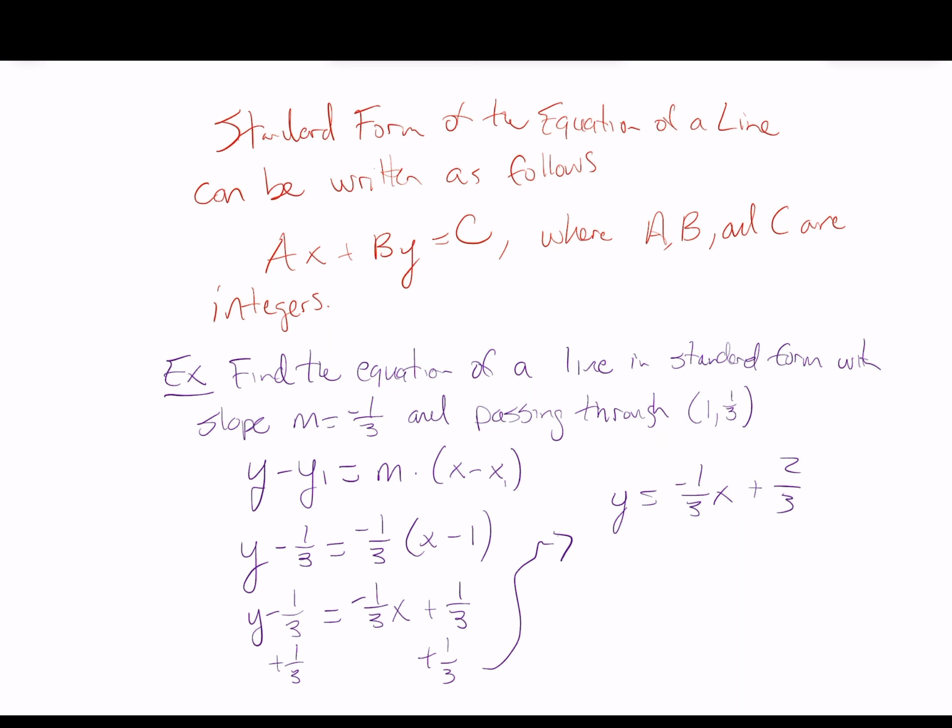Okay, that would be the slope-intercept form, but we've been asked to put this in standard form. So let's add 1/3 x to both sides of the equation, and we get y plus 1/3 x is equal to 2/3.